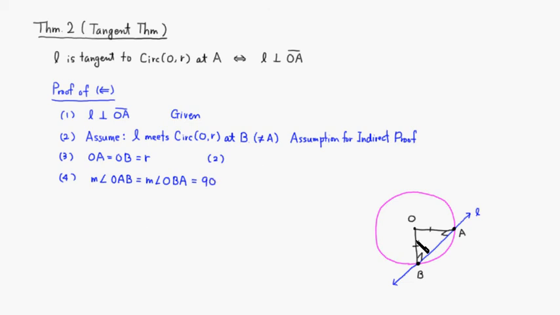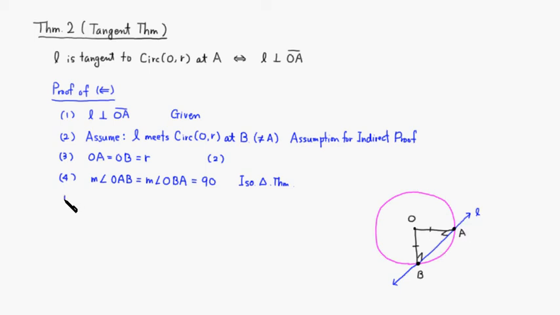We're using the isosceles triangle theorem. But we know that the Saccheri-Legendre theorem says that the sum of all three angles is less than or equal to 180, which means that if you take two of them, it's going to be less than 180.